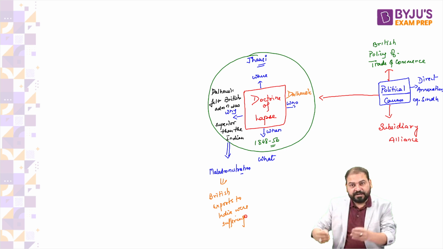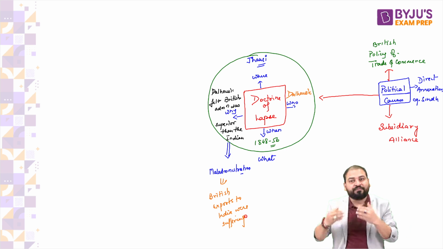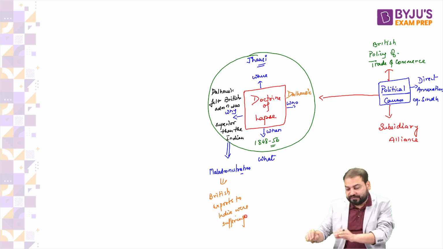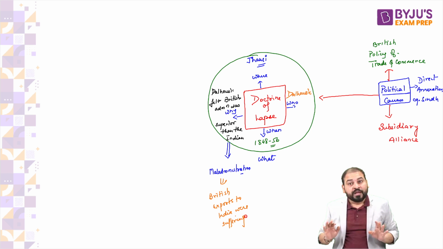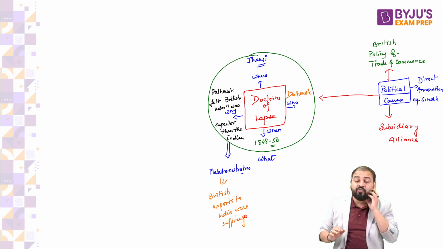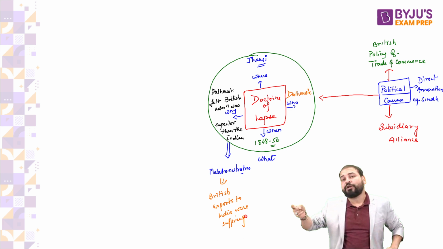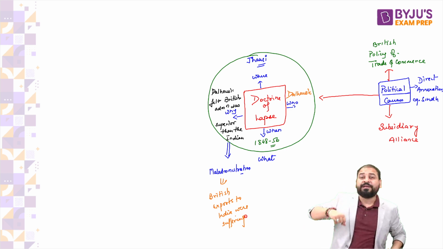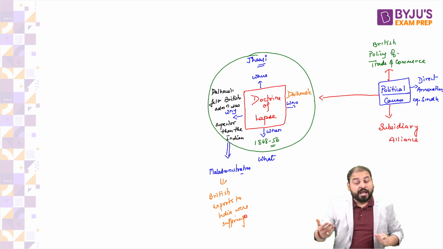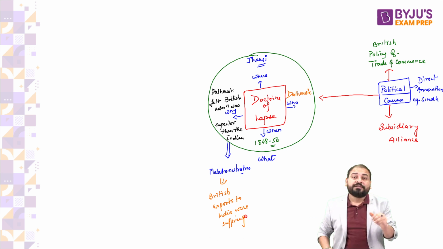For that matter, I as Dalhousie, I feel all Indian rulers are bad rulers. And because Indian rulers are bad, they rule over the Indian people in a very bad manner. And when their rule is bad, the Indian people are facing an oppressive rule.